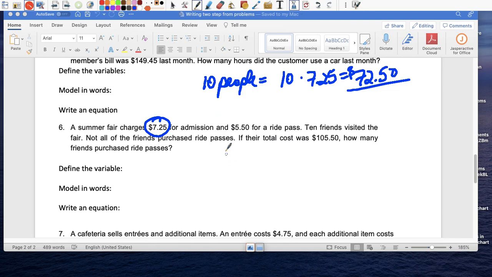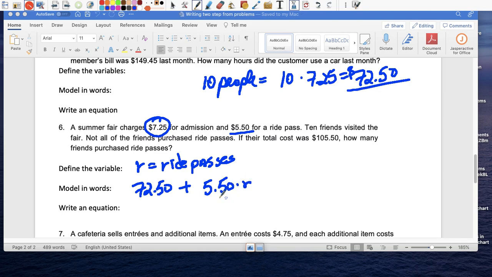The problem says not everybody got a ride pass, so how many people got one? That's what we want to know. R is my variable, and it represents the ride passes. The $72.50 that we paid so that all 10 of us can get in, plus $5.50 times however many passes we bought, all equals the total amount of money we spent.